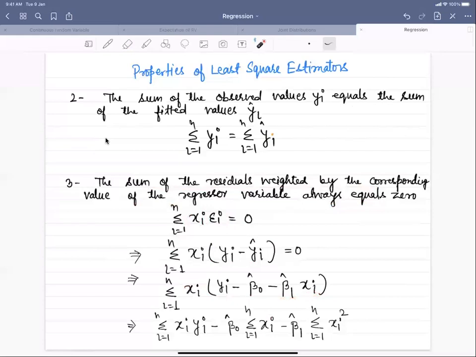Then I can expand this, multiply inside and take the summation operator also inside: summation over i=1 to n xi yi minus beta naught cap summation over i=1 to n xi minus beta 1 cap summation over i=1 to n xi square.